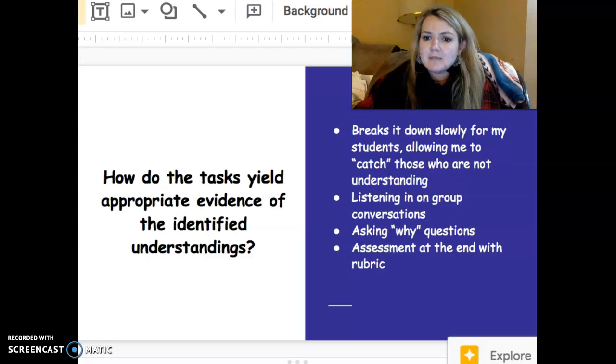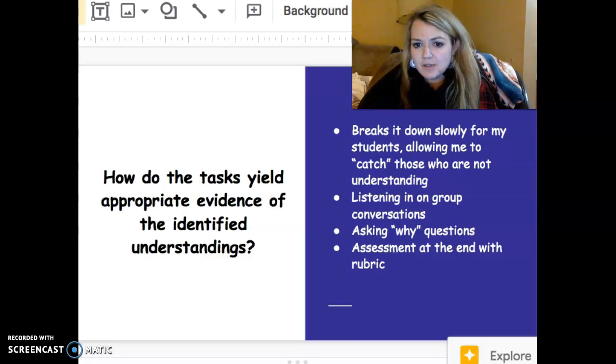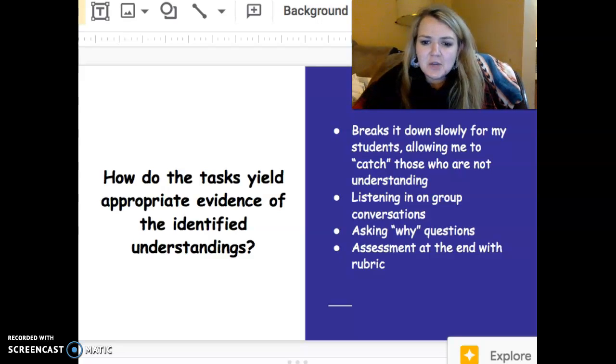In my lesson, I am teaching it directly to them. I am talking it out, and then I am having them help me. Then I'm having them work in groups where I'll be walking around and helping them and listening in and asking prompting questions, which kind of goes down here with asking why questions, making sure that each student in the group is understanding. And so hopefully that will help me catch those students who are not quite understanding yet.